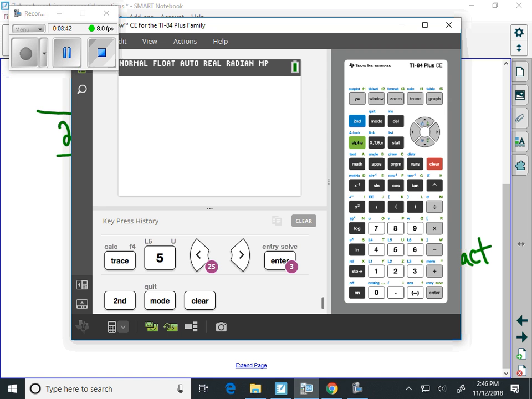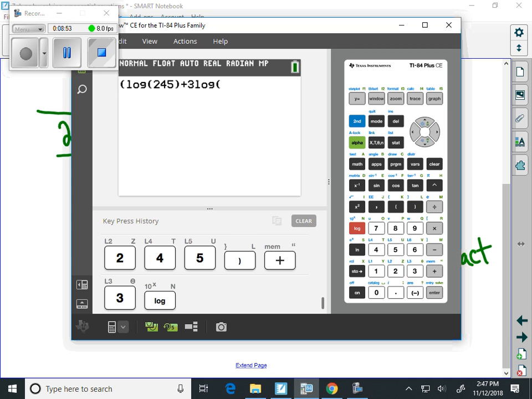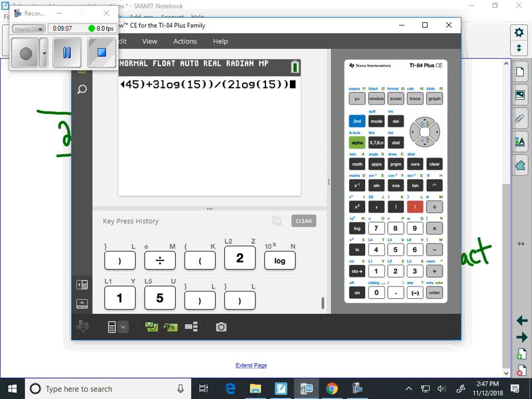Without the fraction button, it's going to be parentheses, log 245, close that parentheses, plus 3 log 15, close, and then second closure, divided by another parentheses, 2 log 15, close that parentheses, and then the other one.